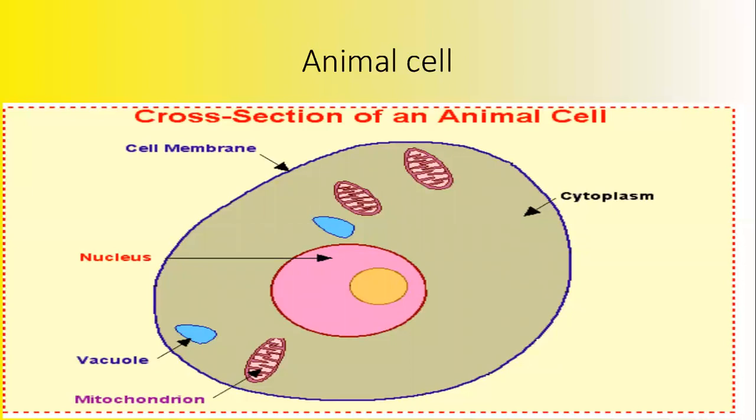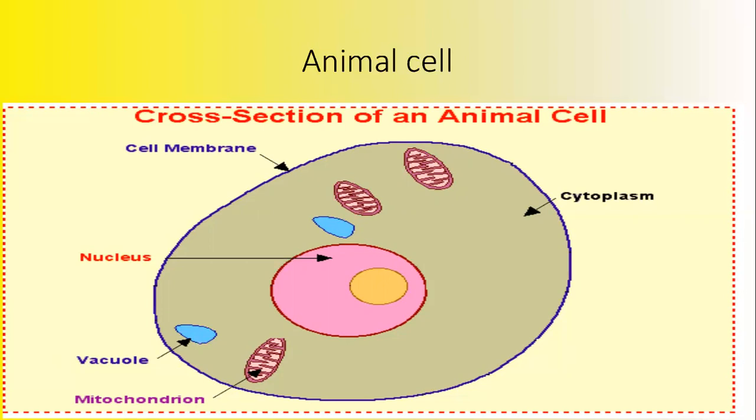So, a review: the cell membrane gives shape to the cell. It allows certain material to move in and out of the cell. Nucleus, the control center, controls all types of activities of the cell.